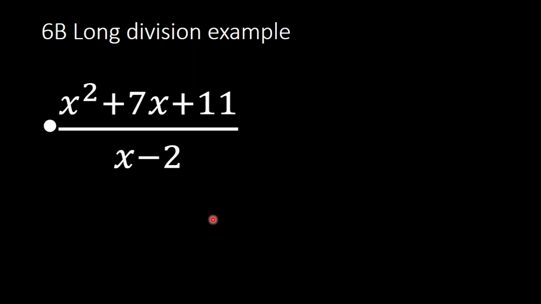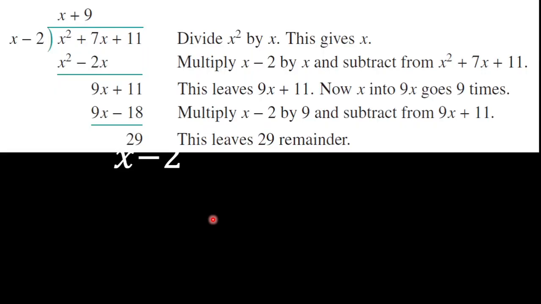How do we apply this to polynomials when we want to do a division of them? Here is the way we set this up. We write our dividend here from the highest order. Do not forget, if there's a missing term, you need to insert it with a coefficient of 0. Here is our divisor. How do we figure this out?